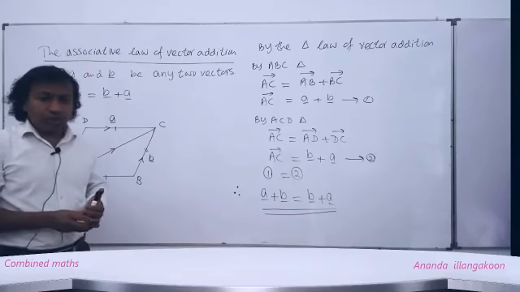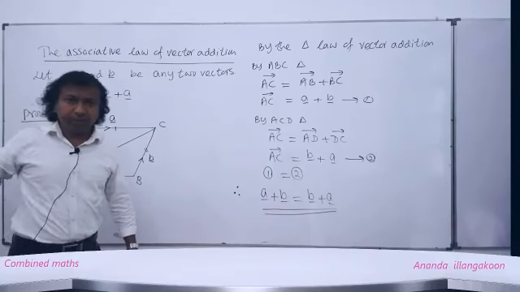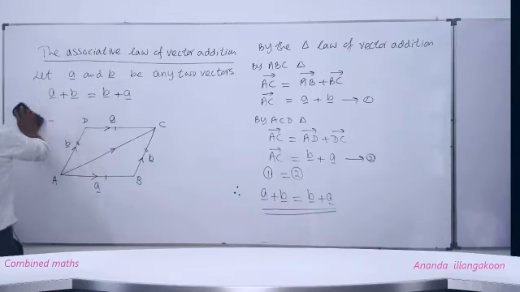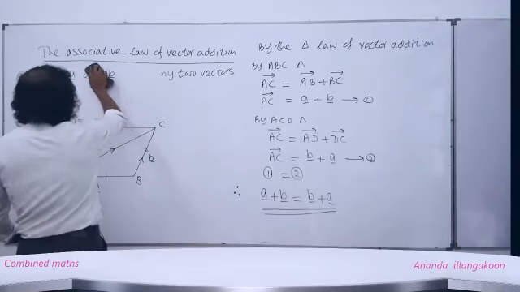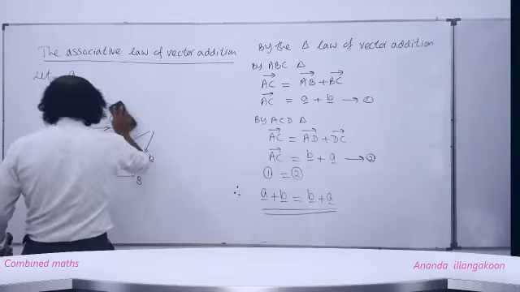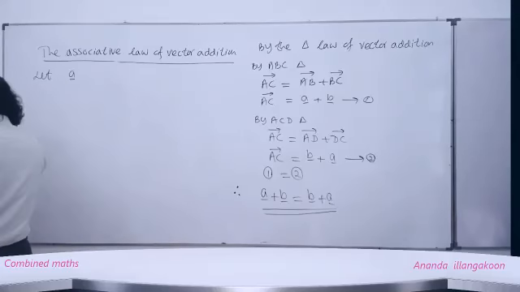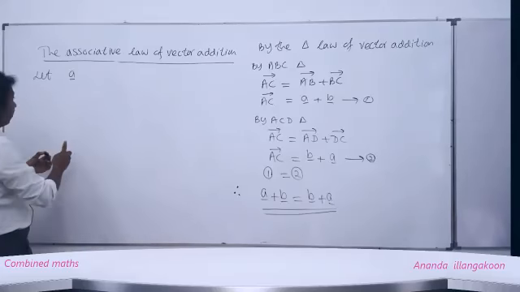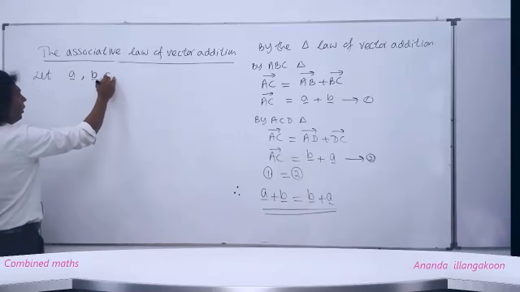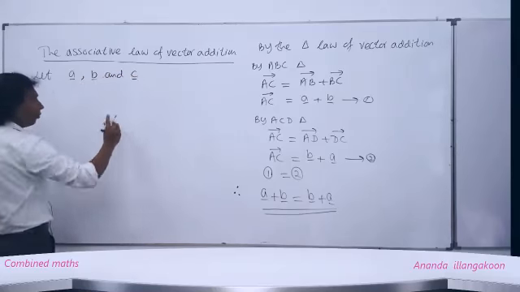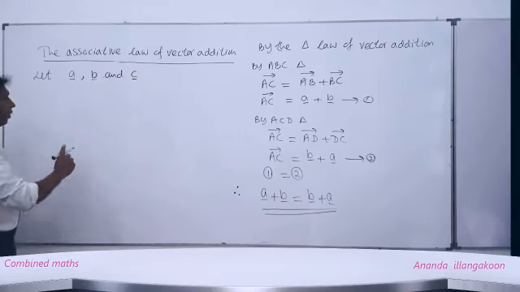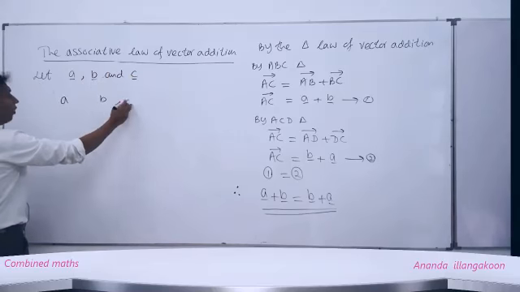Under this associative law of vector addition, people, we discuss something this way. Suppose there are three vectors, A, B, and C. Now, people, we need to add these A, B, C vectors.